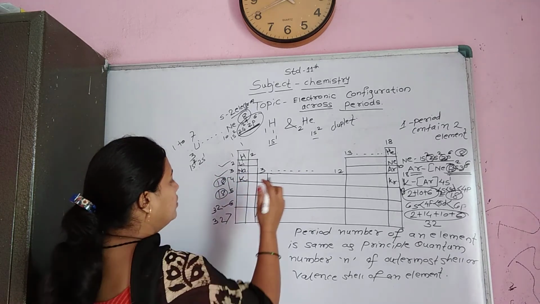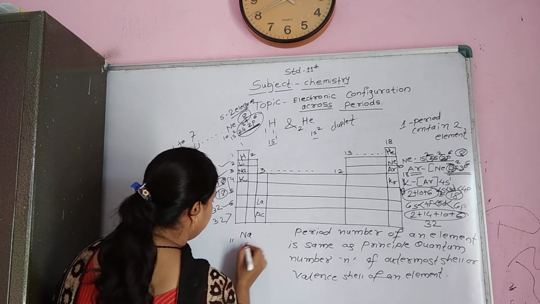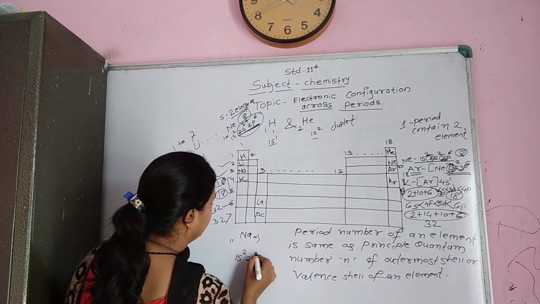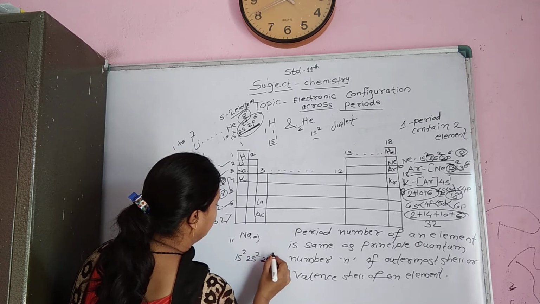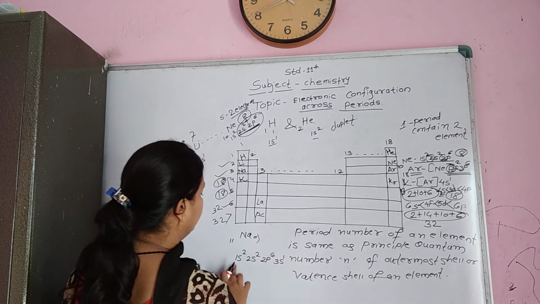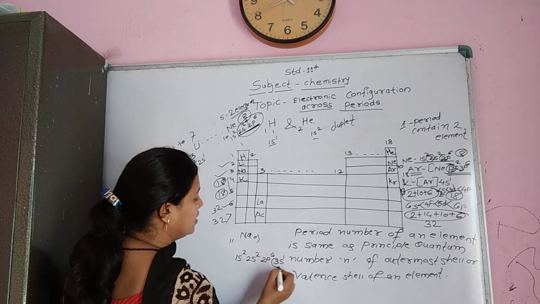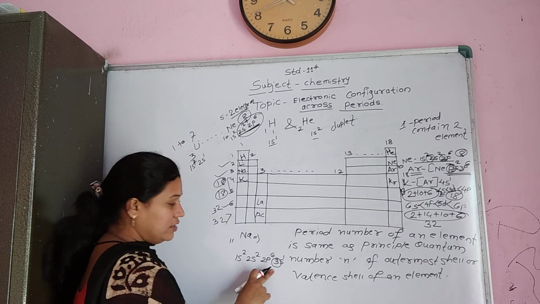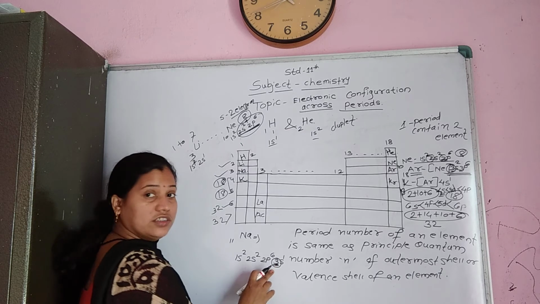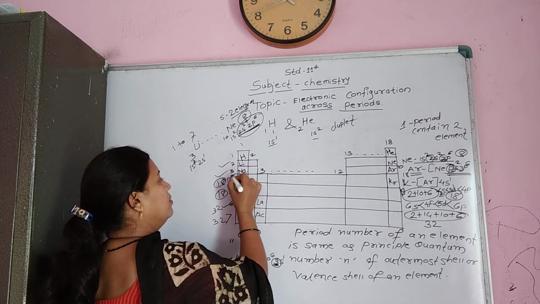When we write the electronic configuration of sodium, having atomic number 11, it is 1s2, 2s2, 2p6 and 3s1. The last shell or valence shell has principal quantum number 3, so sodium is present in the third period.